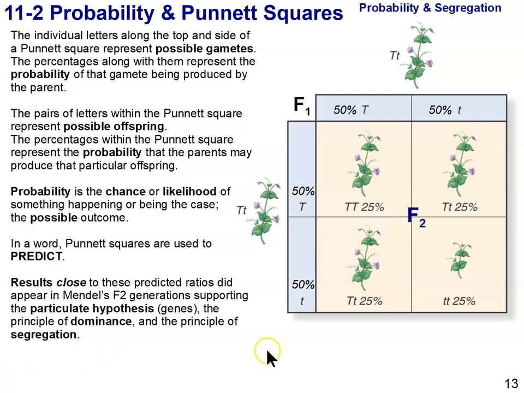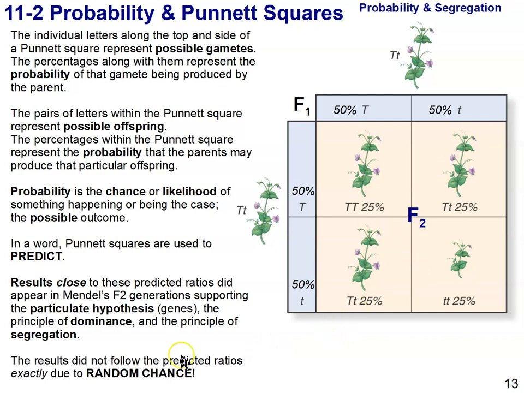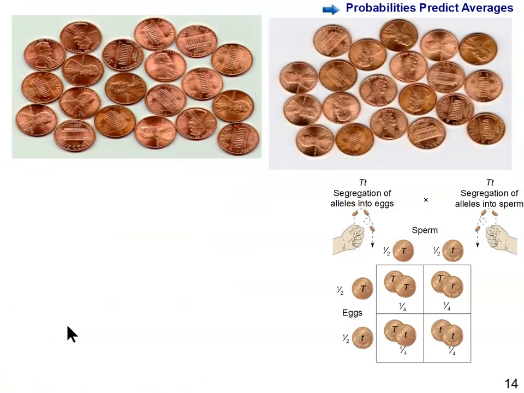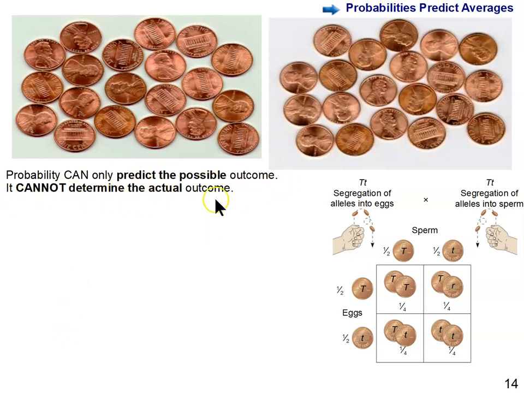And the reason they weren't exactly what he predicted, or what this would predict, is simply because of random chance. That's all part of the whole idea of probability, that it's affected by random chance. As stated on the previous slide, probability can only predict the possible outcome. It cannot determine the actual outcome.